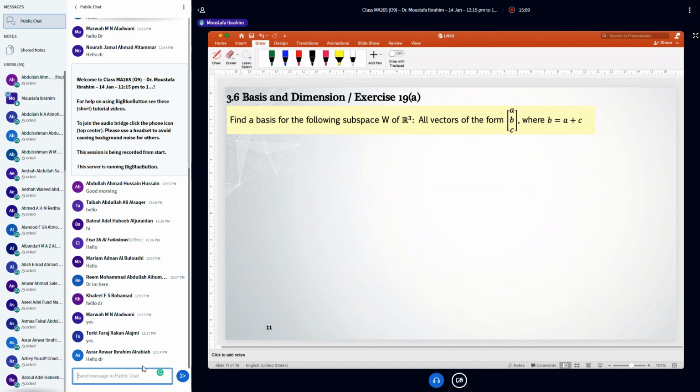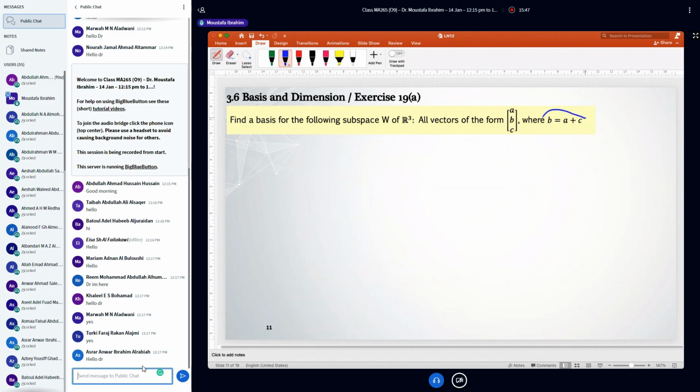So here, first we have to find a set which is spanning and linearly independent, correct? To find the basis, we have to pick a set which is spanning plus linearly independent. Correct, guys? Here I don't have any set. I have only the form of W, which is the set of all vectors of the form (A, B, C) such that B equals A plus C. So what's the form here?